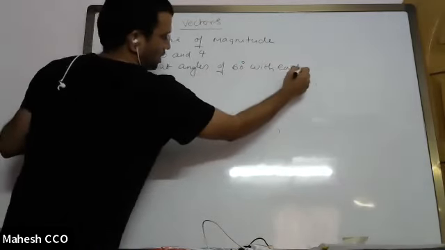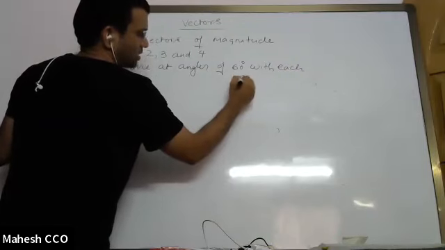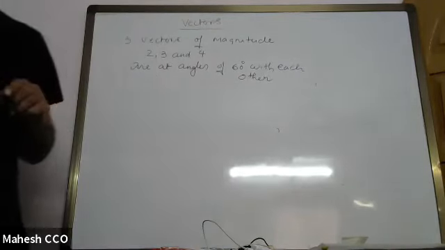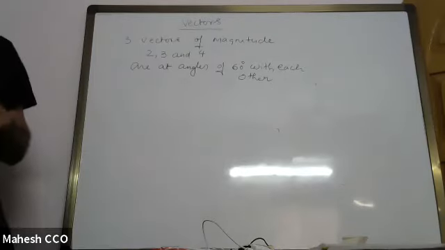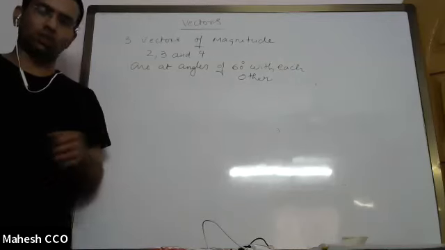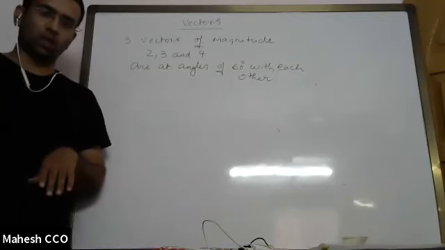Such a thing is possible in three-dimensional space. So you can have three vectors making 60 degrees with each other. All these three are three-dimensional vectors.